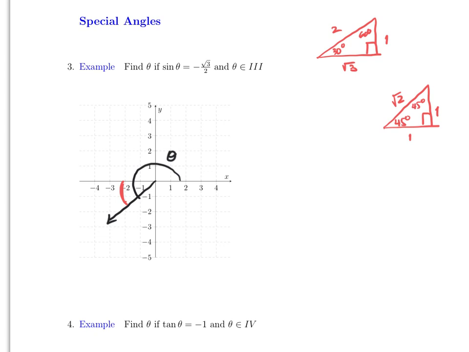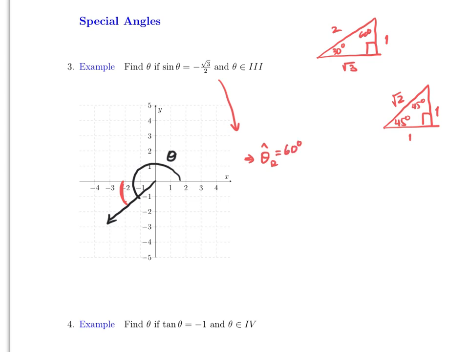So therefore, notice that sine of 30 degrees will be 1/2. So therefore it's not 30 degrees, but sine of 60 is radical 3 over 2. So therefore, this implies right away that the reference angle for this particular problem has to be 60 degrees.